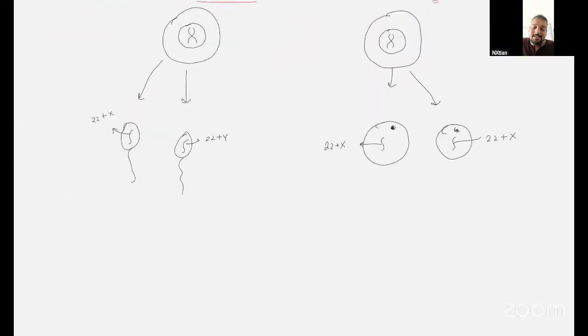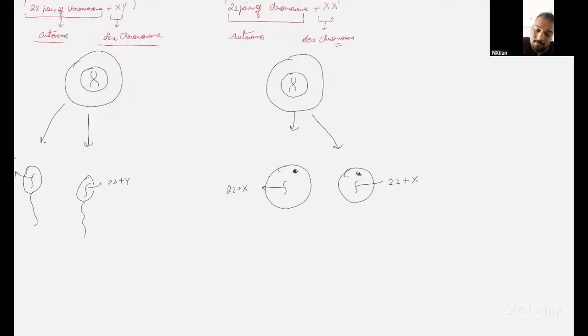Now, this is called gamete formation, in which the number of chromosomes becomes half. This process is called meiosis. So what is meiosis? Meiosis is the division of a cell in which the number of chromosomes becomes half.